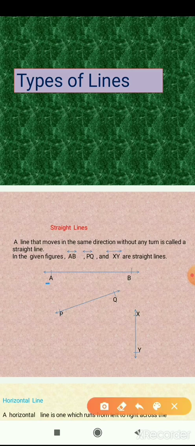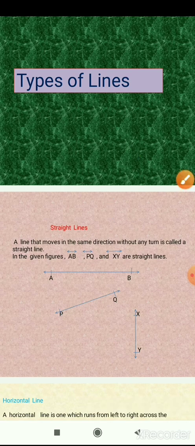If you observe the figures, you will see that they are moving in the same direction. Take this line AB: it moves from the A side this way, and from the B side this way. It is moving in the same direction. They are not taking any turn.